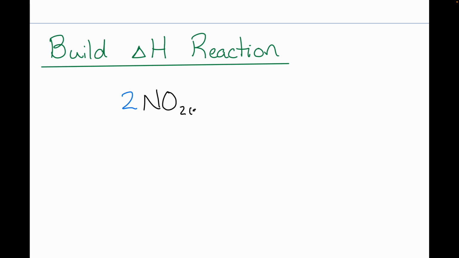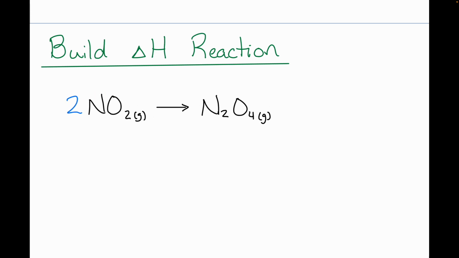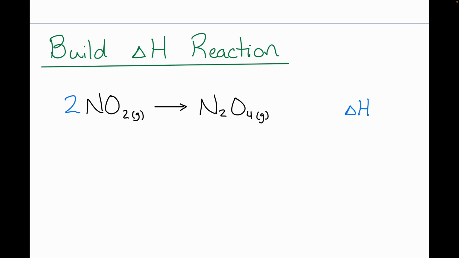We only got one reactant and one product. We're going to take that nitrogen dioxide and convert it into dinitrogen tetraoxide. And our goal here is to figure out what the delta H of this reaction is.